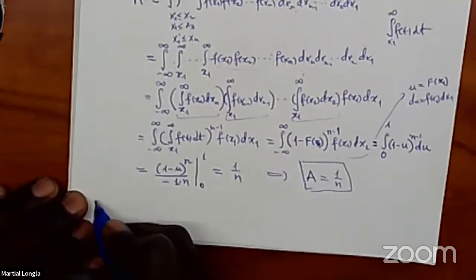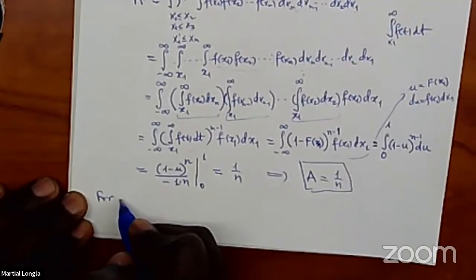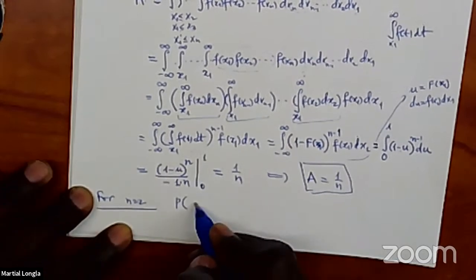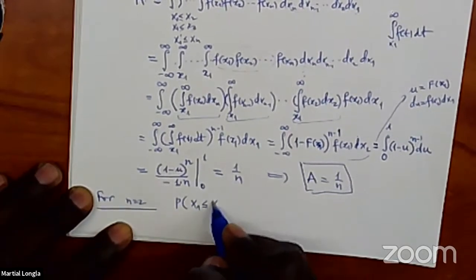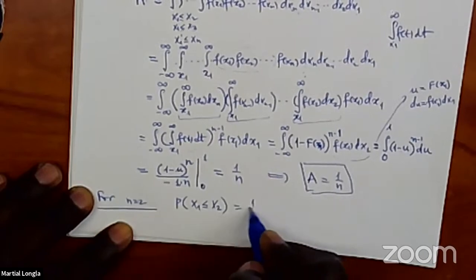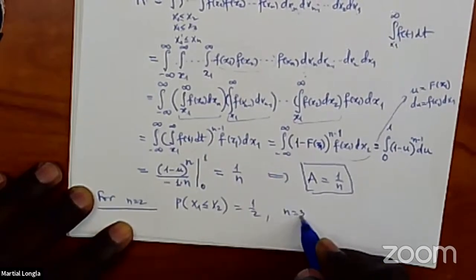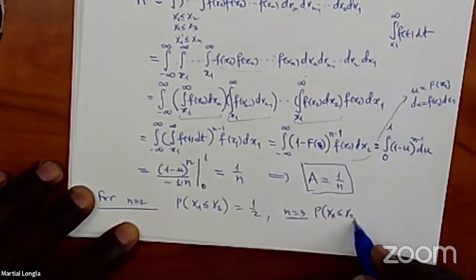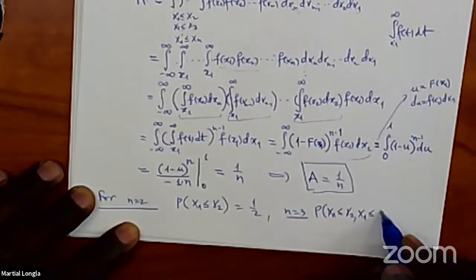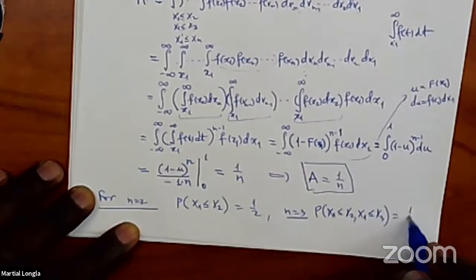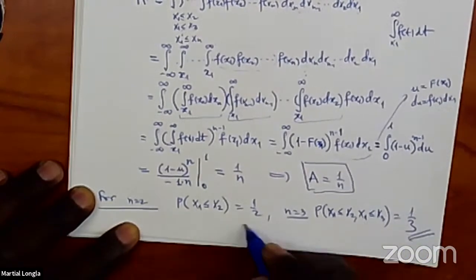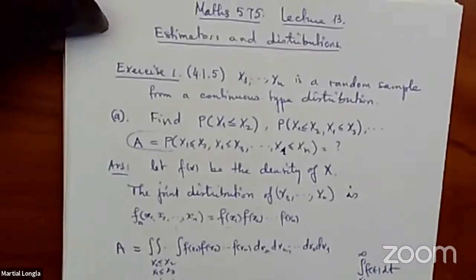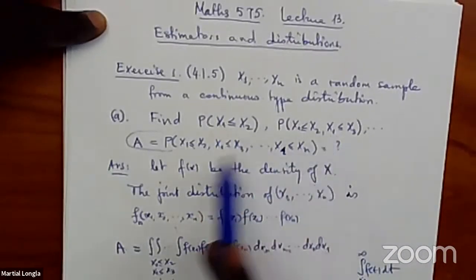For n equals 2, you get the probability that x1 is less than or equal to x2, which is 1/2. For n equals 3, you get the probability that x1 is less than or equal to x2 and x1 is less than or equal to x3, or 1/3. That's the answer to the first two parts.